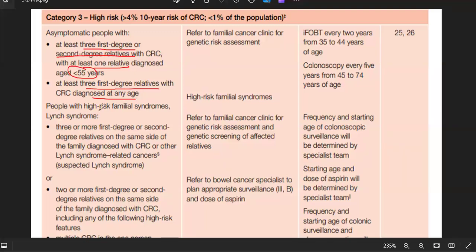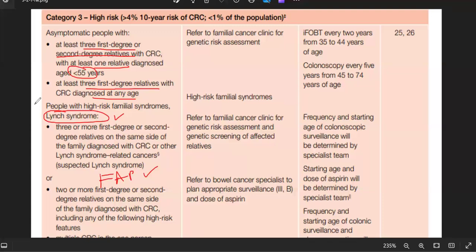But most importantly, if there is a family history of hereditary non-polyposis colorectal cancer, which is HNPCC, also known as Lynch syndrome, that's a high risk. If someone in the family is diagnosed with familial adenomatous polyposis, that's also category 3.